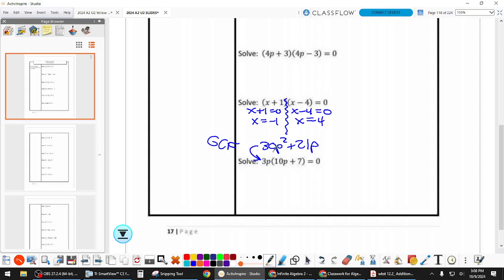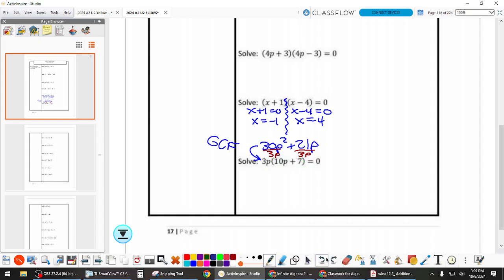So GCF, meaning pull out the greatest common factor, which in this case is 3p. 3p and 3p, we divide both sides and pull it out front. But once you're there, it's still just the split thing. Before I do that, it's two things being multiplied that make 0. So one of them, or perhaps both, have to be 0.